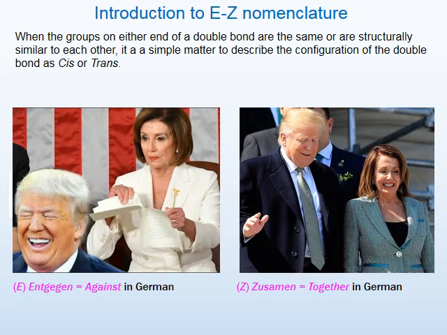When most of the groups attached to the double bond are not the same, then the IUPAC system of geometric isomers uses the italic letter E for the German word entgegen, meaning against, or the italic letter Z for the German word zusammen, meaning together.